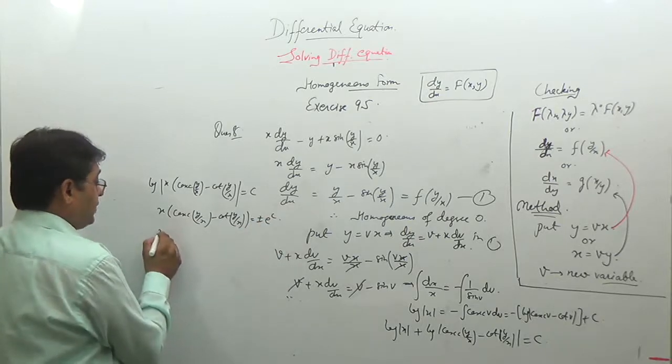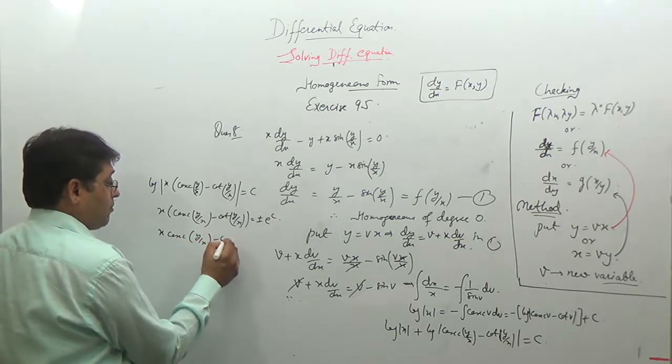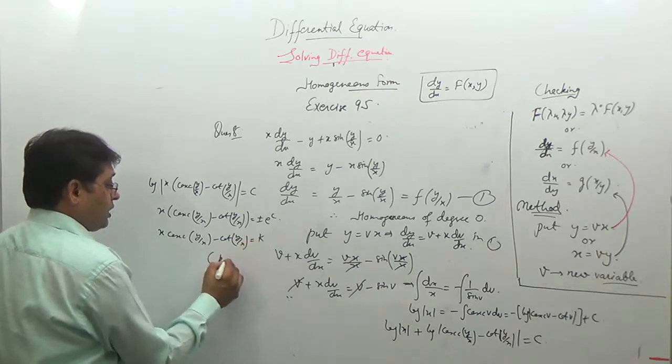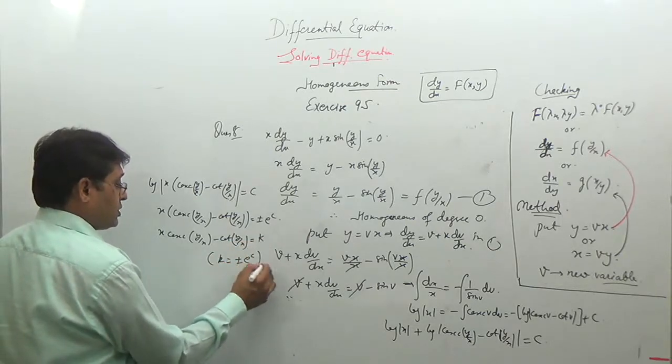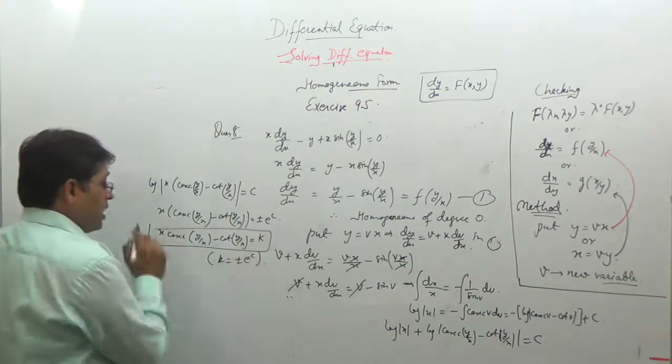So this can further be written as cosecant y upon x minus cot y upon x is equal to k, where k is plus minus e raised to power c, a new constant, right? So this is your answer.